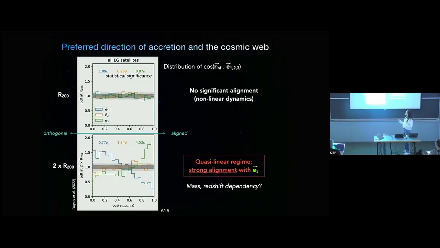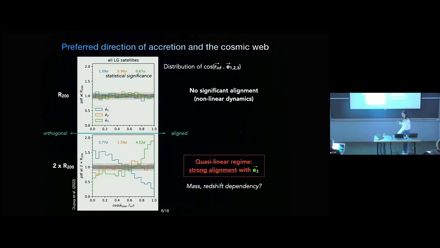At this scale, R200, we don't see any kind of trend, which is mainly due to the nonlinear dynamics at this scale. But if we shift the inflow threshold from R200 to 2 times R200, we notice that the green distribution corresponding to the angle with the E3 eigenvector is peaking at 1, which shows a strong alignment of the inflow direction with the E3 eigenvector. This is due to the fact that from R200 to 2 times R200, we are shifting from the nonlinear regime to the quasi-linear regime.